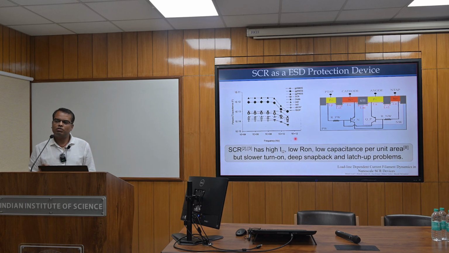And for modern factories where the chips are made, the CDM timelines are more critical, so the slower turn-on time of the SCR still remains a critical problem. But we can also reduce the area required for the secondary protection of the ESD circuit using SCRs, and of course we can continue to use the SCR as the primary protection device.